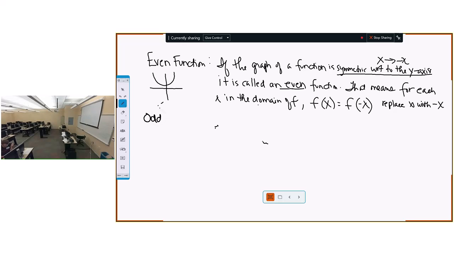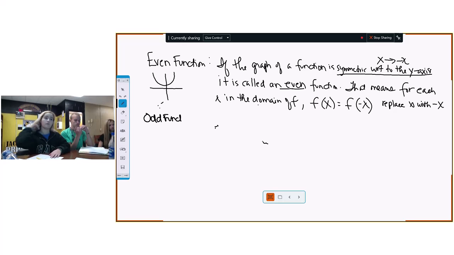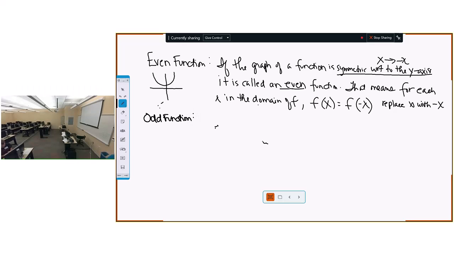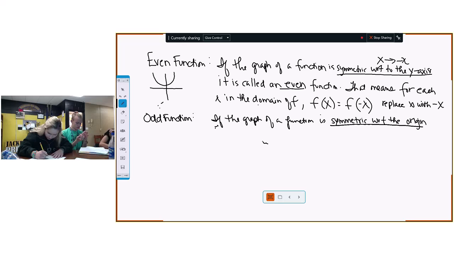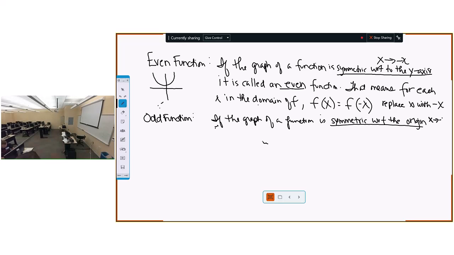Now let's look at an odd function. If the graph of a function is symmetric with respect to the origin, and what is that? That says x goes to a -x and y goes to a -y.